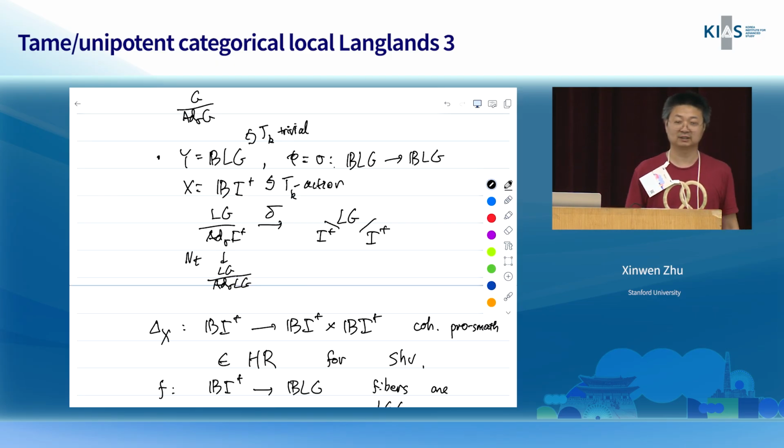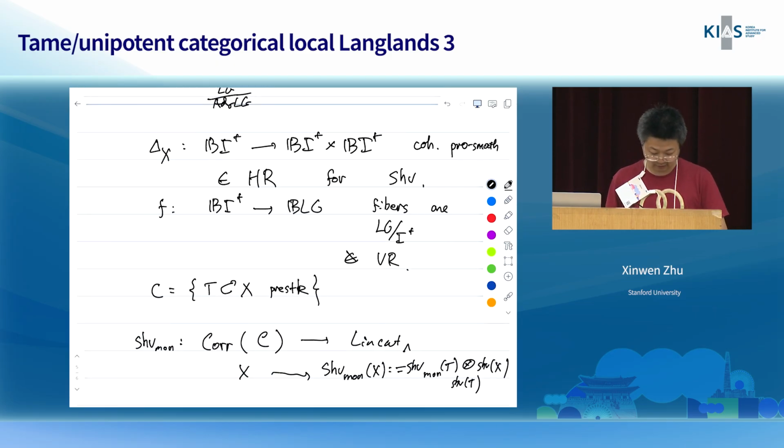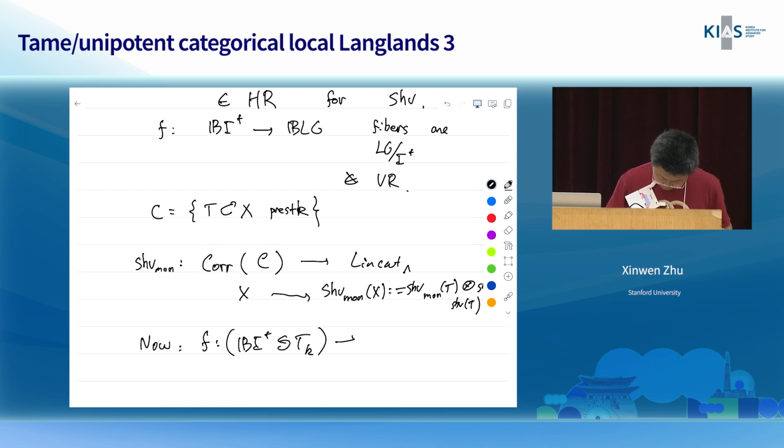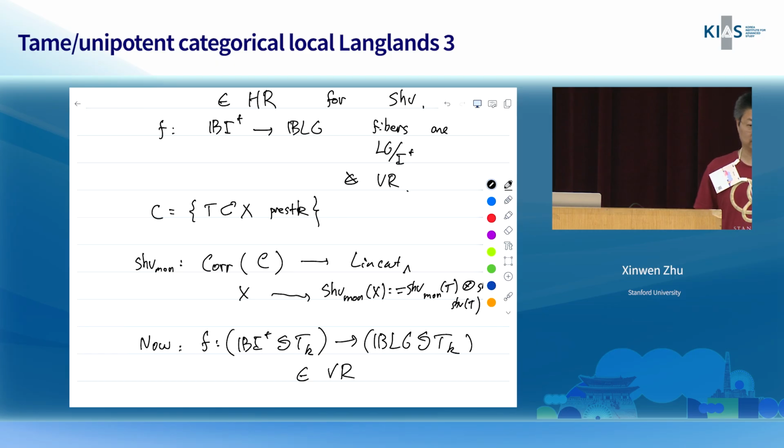Now, if you remember this T action, it turns out this F, this BI, equipped with this action of T of K, mapped to BG, equipped with the trivial action of T, is vertically adjoinable.